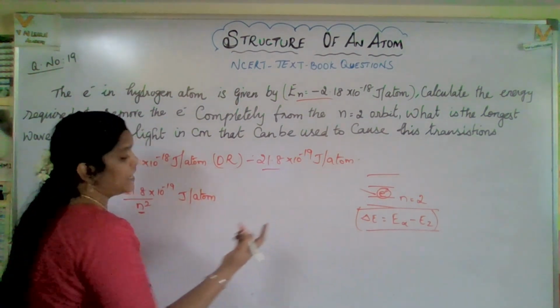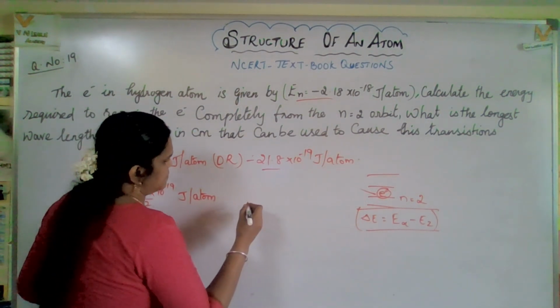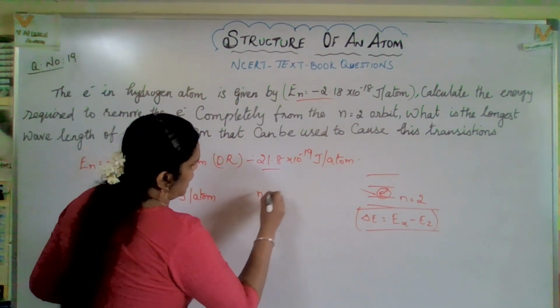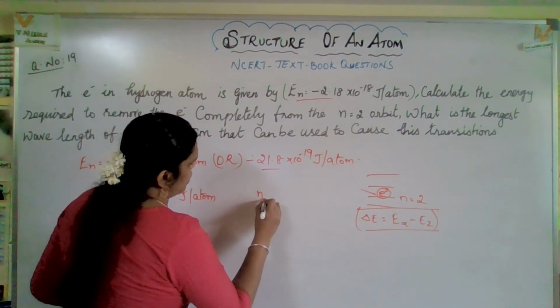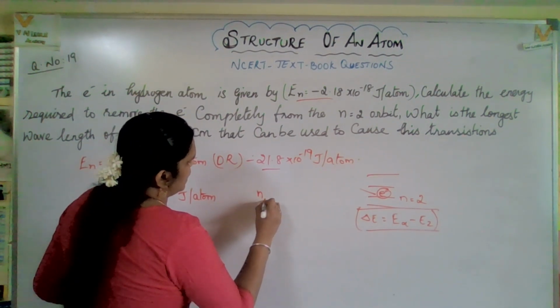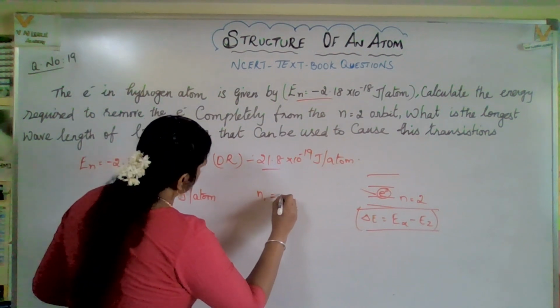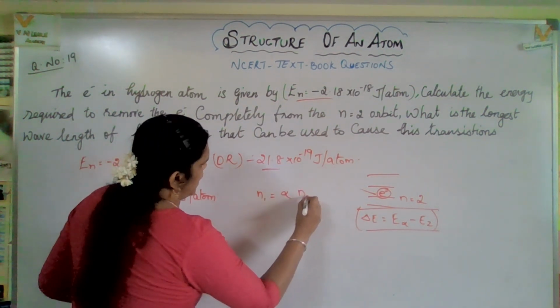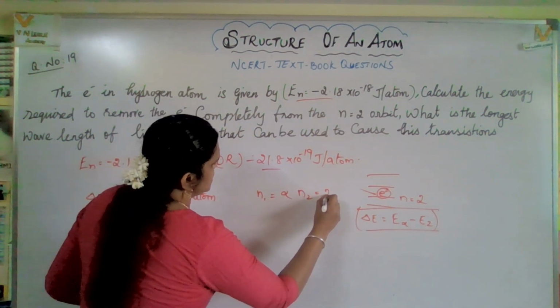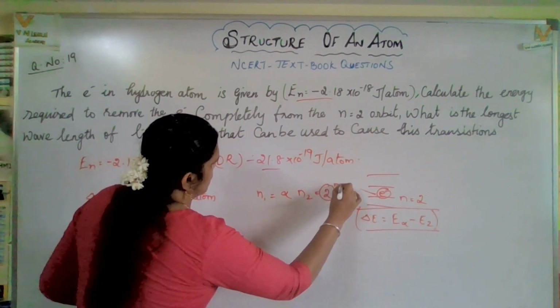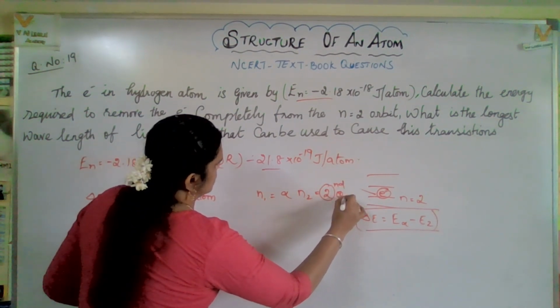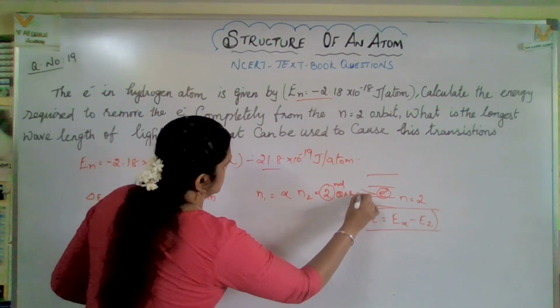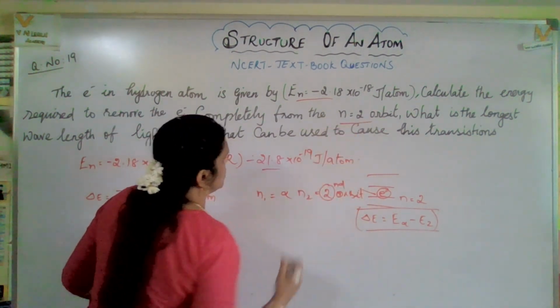Here actually infinity, so let us make it n1 minus n2. n1 we can take as infinity, and n2 is the second orbit. That's what they mentioned.